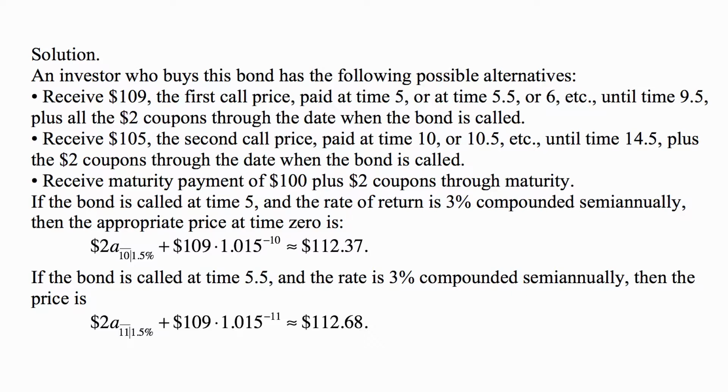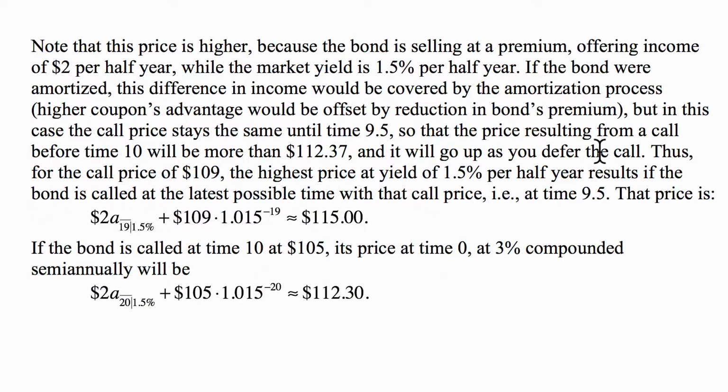If the bond is called at time 5.5 and the rate is 3% compounded semi-annually, then the price is again $2 coupons plus the present value of that call value. That's 112.68. Note that the second price is higher because the bond is selling at a premium, offering income of 2% per half year, while the market yield is 1.5% per half year.